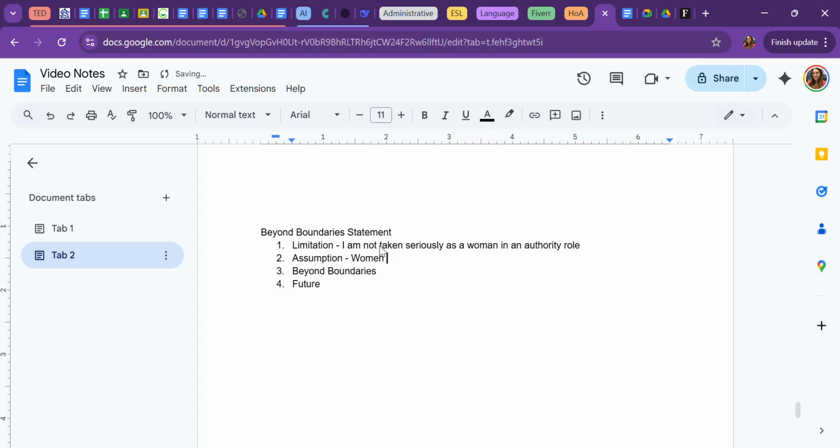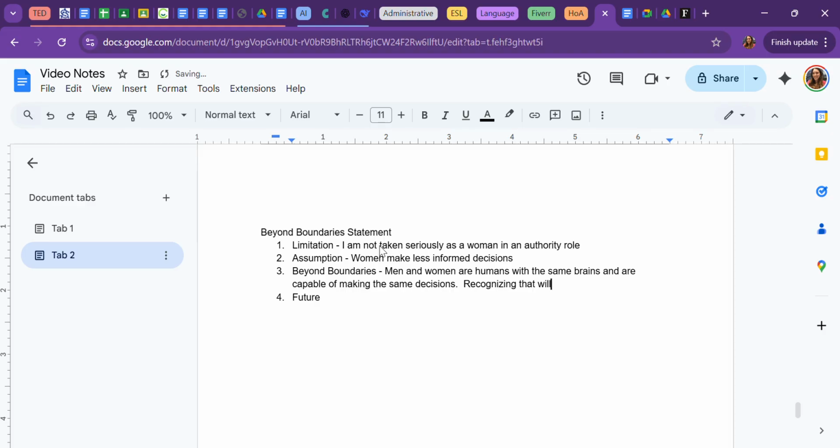Assumption, women make less informed decisions. Beyond boundaries, men and women are humans with the same brains and are capable of making the same decisions.